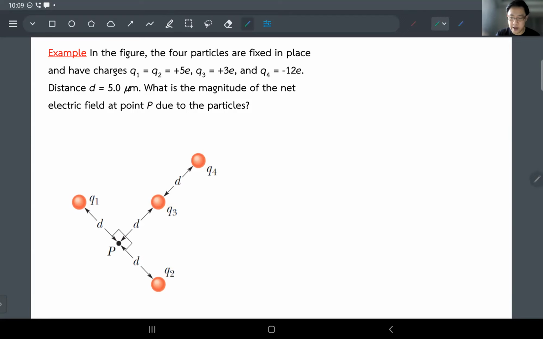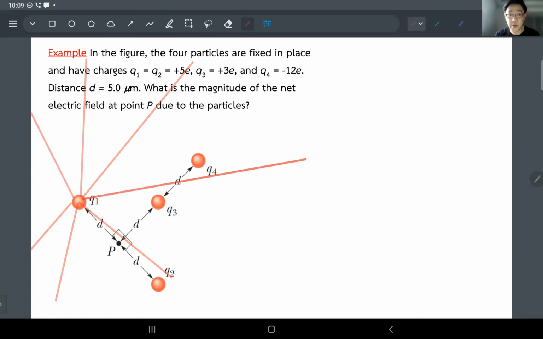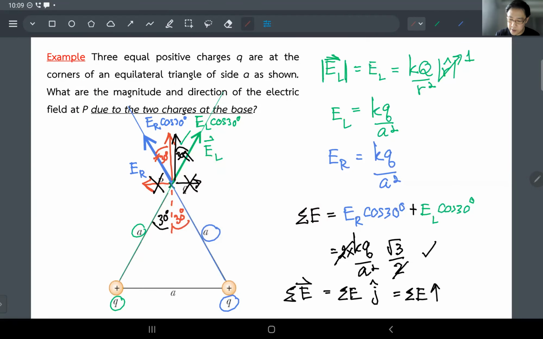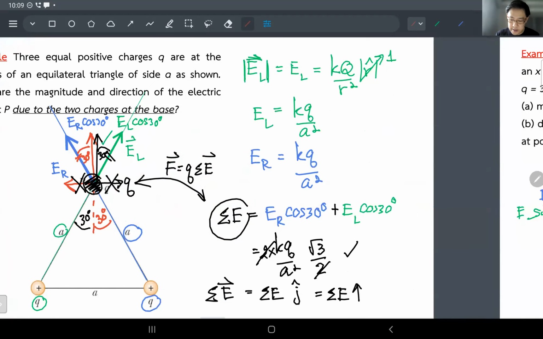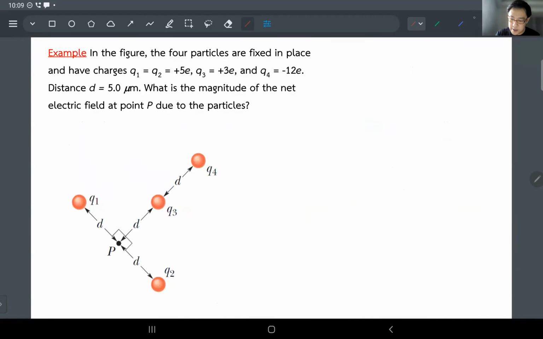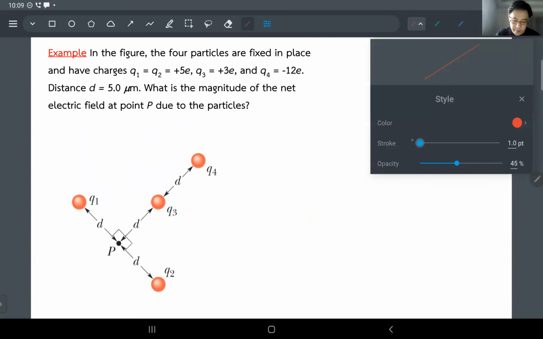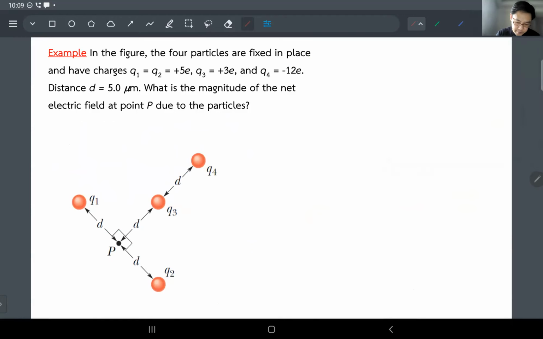Just imagine that around the charge, you always have this electric field coming out, because Q1 is a positive charge, so the electric field diverges from it, okay? However, what we care about at this point is what is going on, oh, I think I undo too much again. What we care about at this time is just what happens at point P. So you just imagine there is a line coming out here, a faint one.